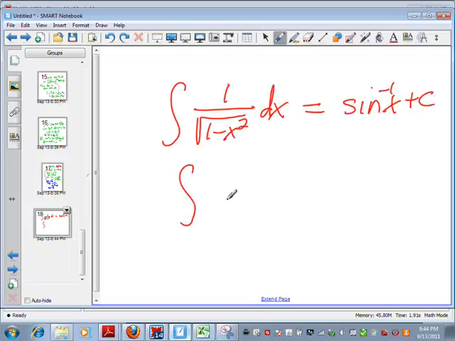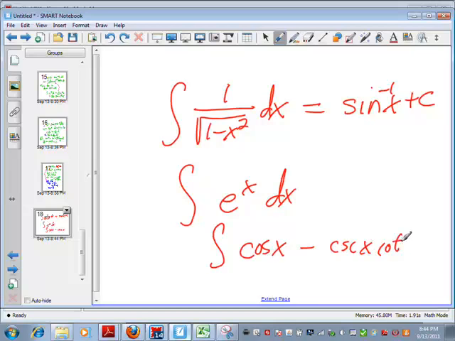So you know, e to the x, all of these. I'm just going to ask a bunch of them, right? So cosine x, minus cosecant, cotangent. Sine, minus cosine, sine.